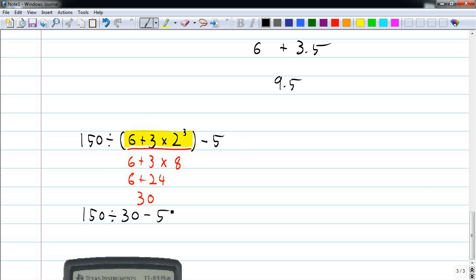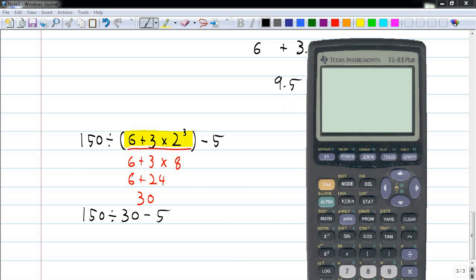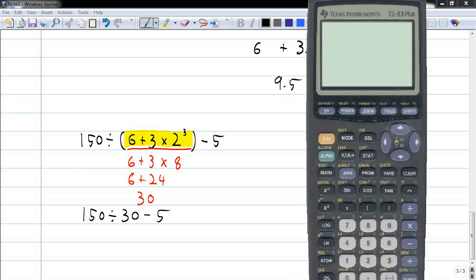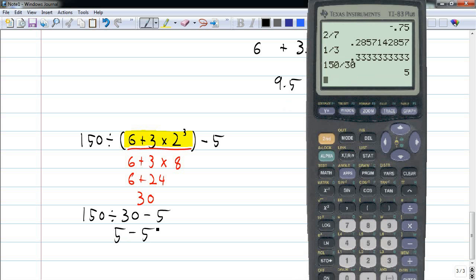None here. Multiply and divide. 150 divided by 30 is 5. So that's 5. And then I add and subtract. 5 minus the 5 is 0.